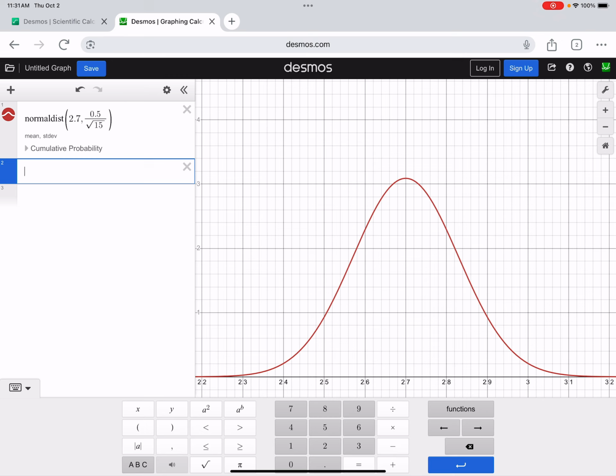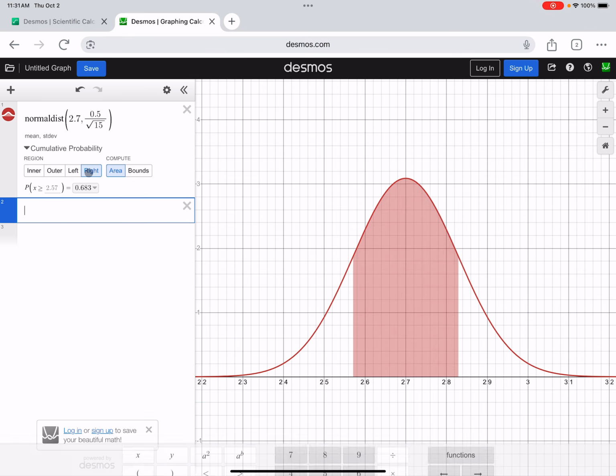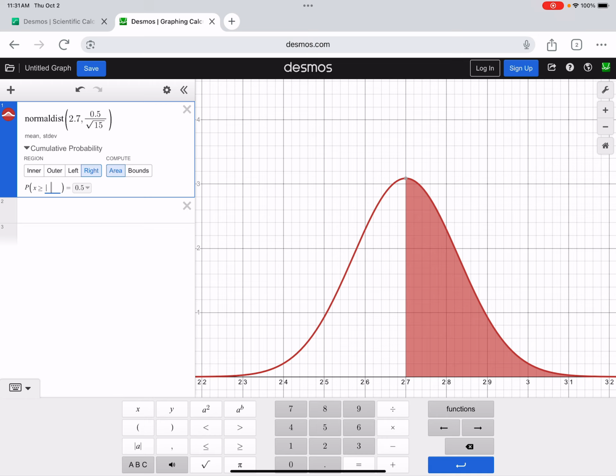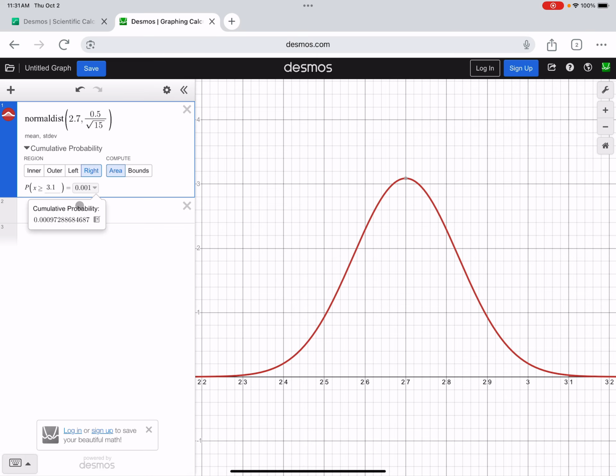I can zoom in on that, and then we'll look for the probability of obtaining something greater than or equal to 3.1. And there we go. There's our p-value. If we want 4 decimal places, we can click on the little down arrow. But that would just be 0.001. 0.0010, right? If we round to 4 decimal places.